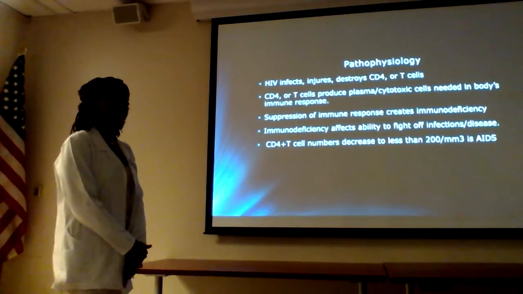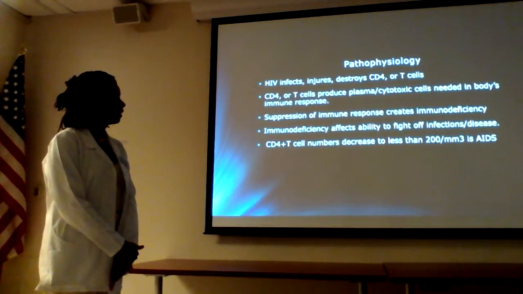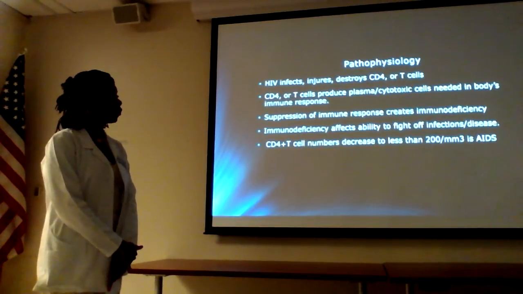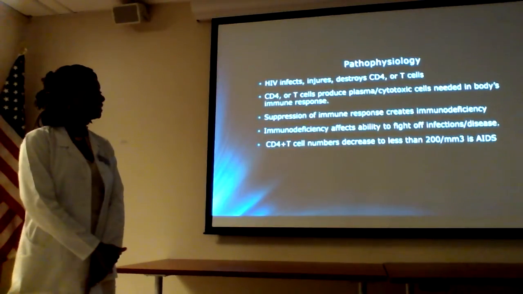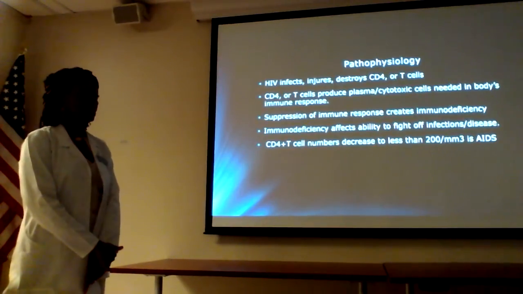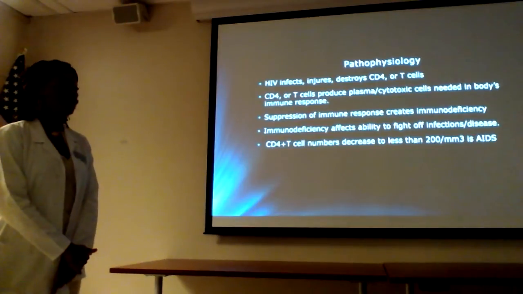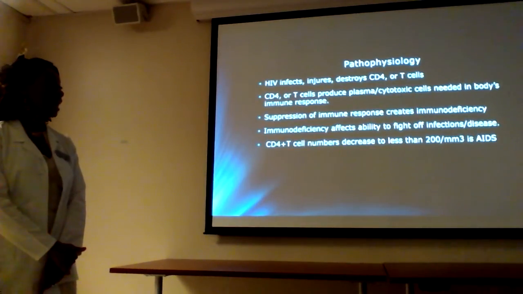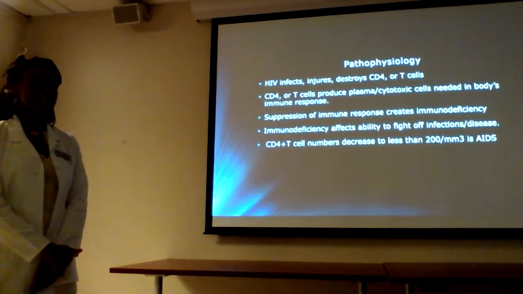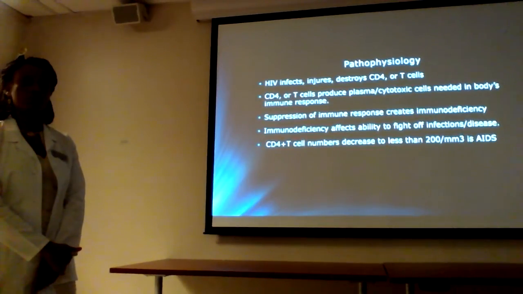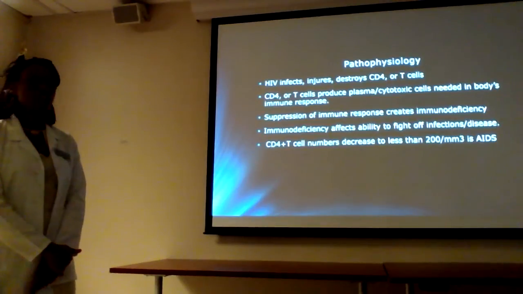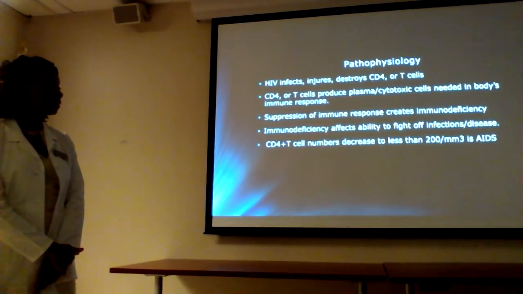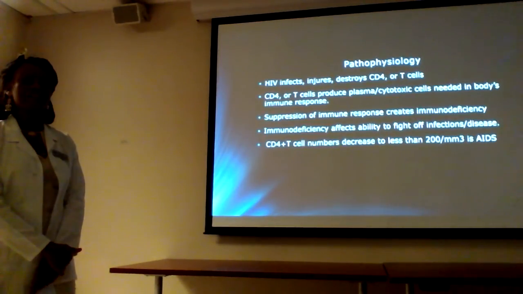Pathophysiology. HIV is a virus that infects, injures, and destroys CD4 T cells of the immune system. CD4 T cells produce plasma cytotic cells which the body needs for a healthy immune response. Suppression of the immune system creates immunodeficiency.